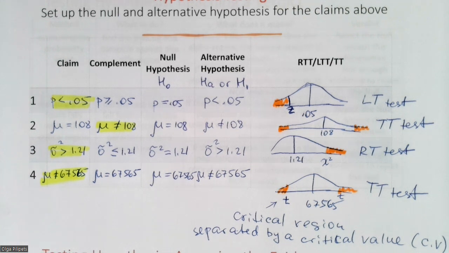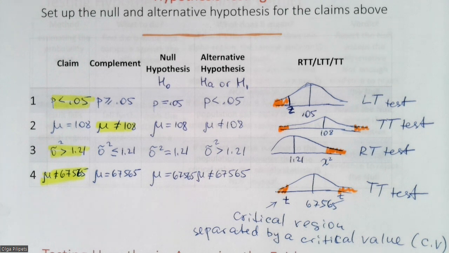Because remember, way back in probably unit 3, we were talking about the empirical rule, and we said that everything more than 2 standard deviations away from the mean is going to be an unusual value.